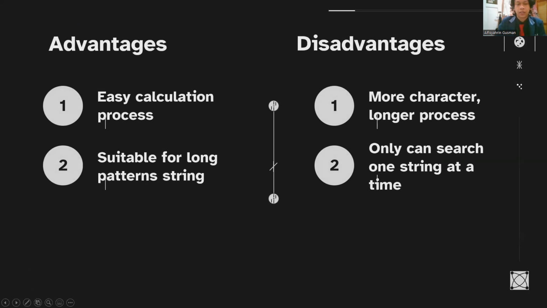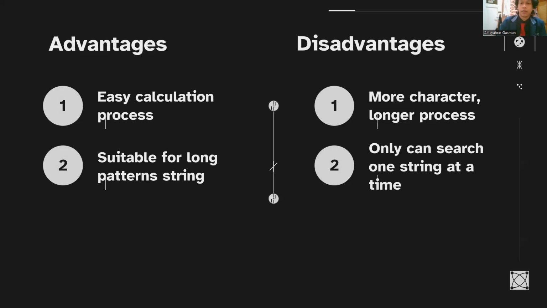Next slide, please. Okay, so the Rabin Karp algorithm has some advantages and disadvantages too. The advantages of the Rabin Karp algorithm are, first, an easy calculation process, and second, it is suitable for long pattern strings.